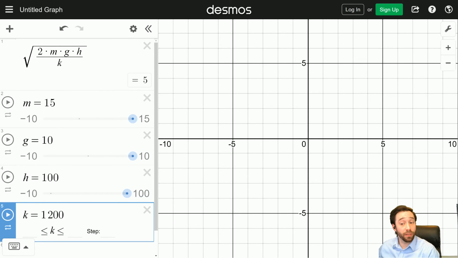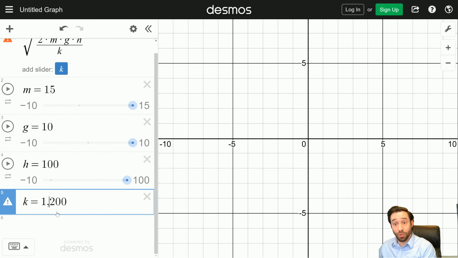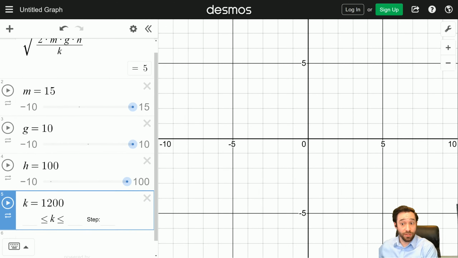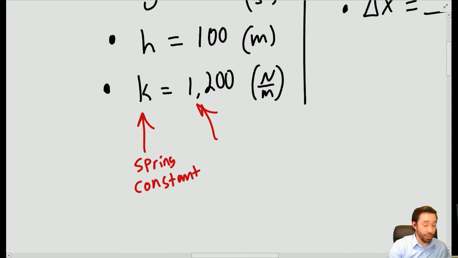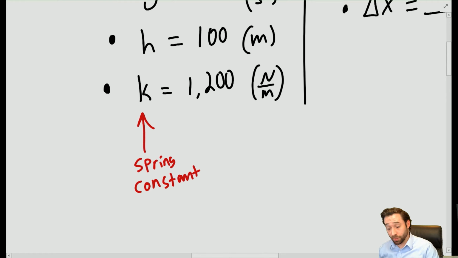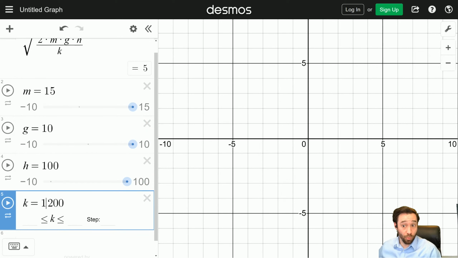And when you put values in, make sure you don't put a comma. All right, Desmos does not like commas. Hopefully you guys understand what I mean. So like this comma here, you do not type that in. You just do 1200 for 1200. Notice how it's 1200.